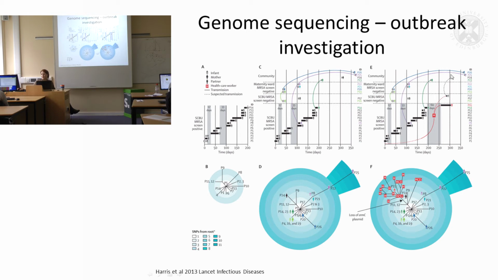So the baby probably transmitted it, even though the baby was clear of MRSA. So I think you can see that whole genome sequencing can be quite powerful. And actually, as a result of this study, it changed the way that they handle MRSA in the ward and how they try and control for it, because it's clear that it's actually on members of staff as well.